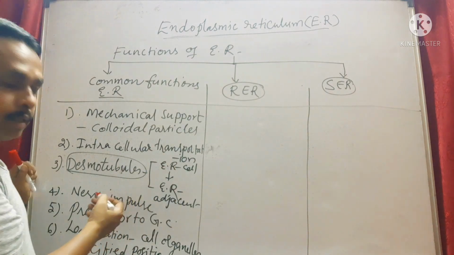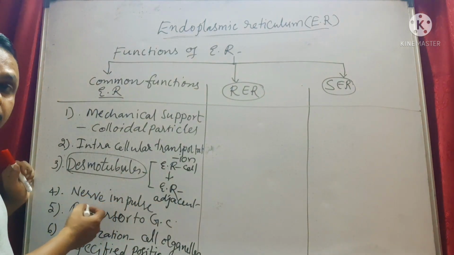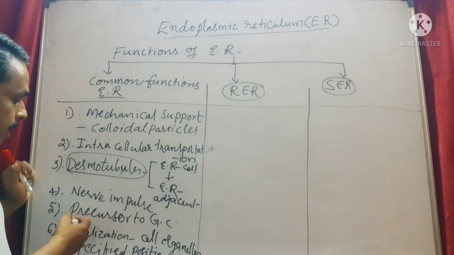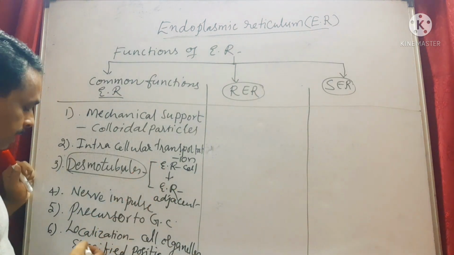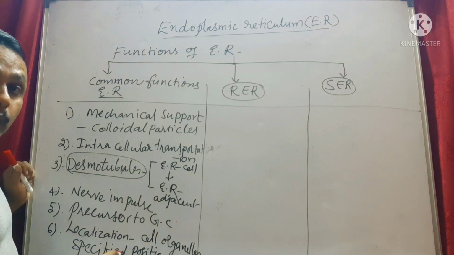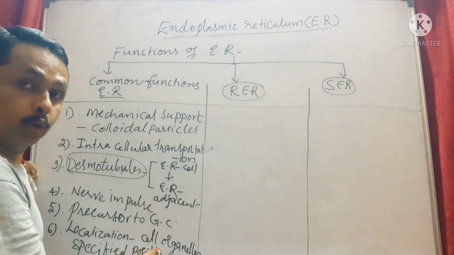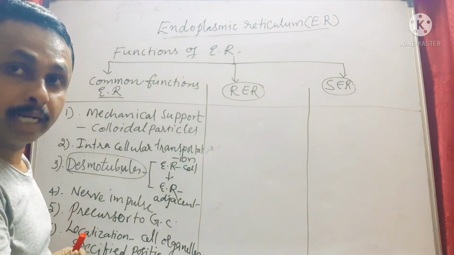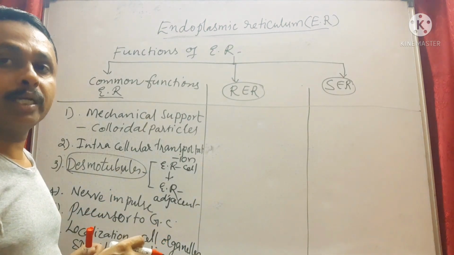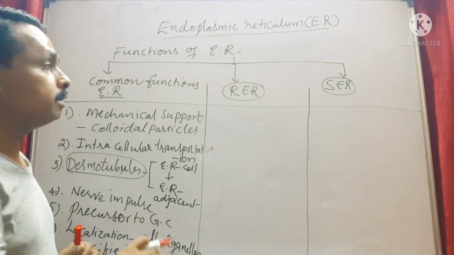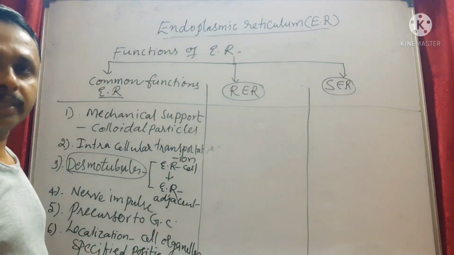They are involved in transmission of nerve impulse, are a precursor to formation of Golgi complex, and provide localization to all other cell organelles so that they will be specified in a particular position in the cytoplasm of the eukaryotic cells. These are the common functions of endoplasmic reticulum.